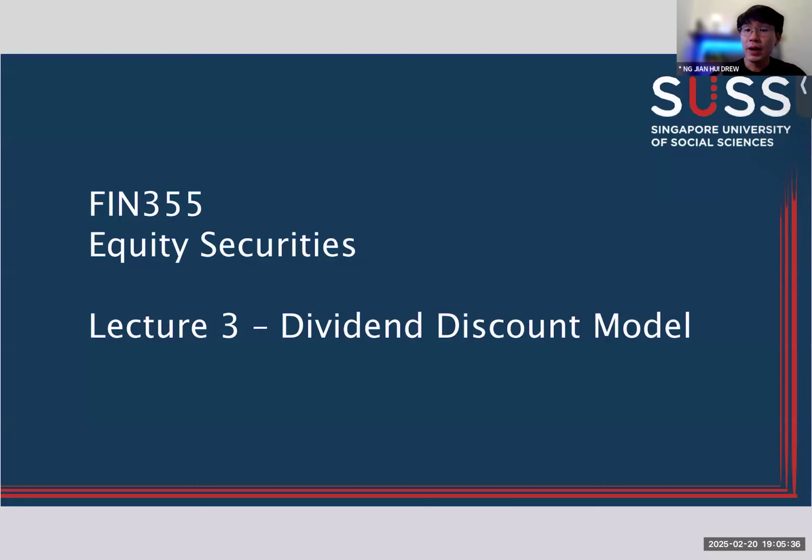It's quite important because our subsequent models, whether it's free cash flow to firm or free cash flow to equity, will use similar frameworks to analyze those models as well. So this lecture is very important as a foundation to the first quantitative framework. Although for your GBA or even your ECA, chances are you're unlikely to use the dividend discount model, you do need to know this concept, right?